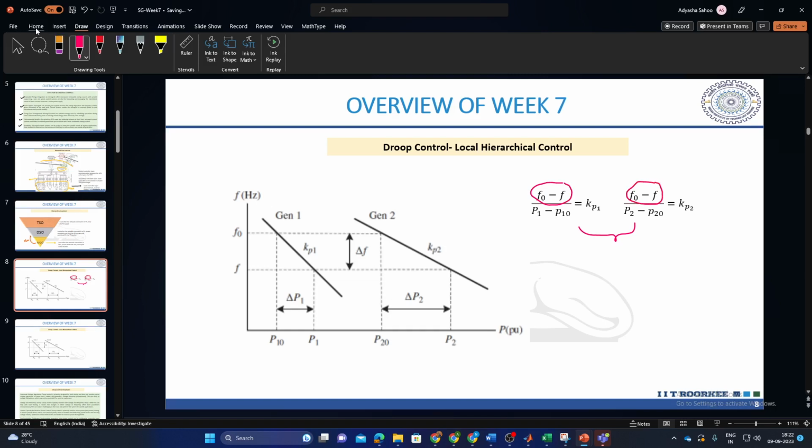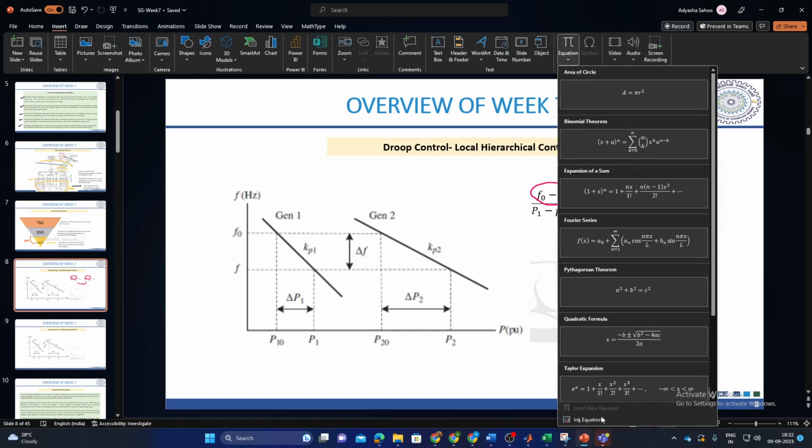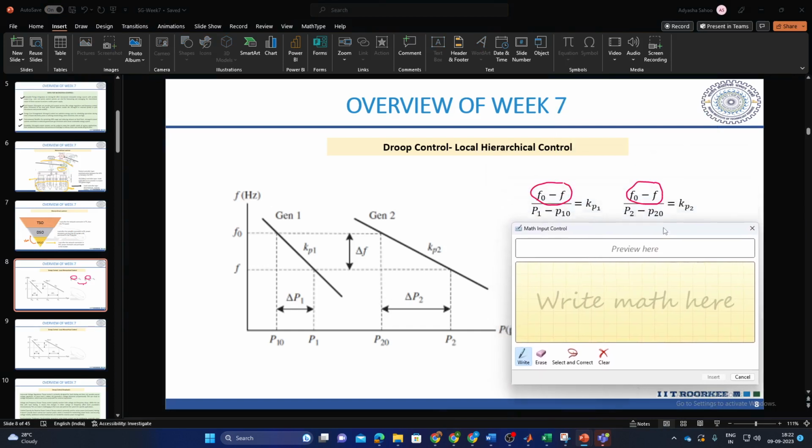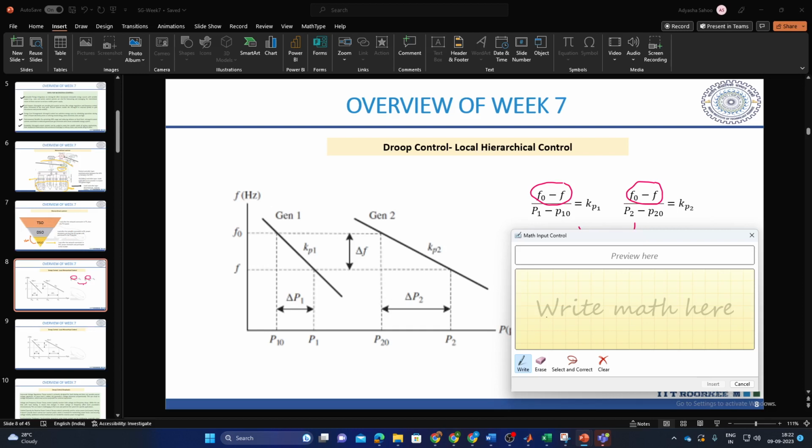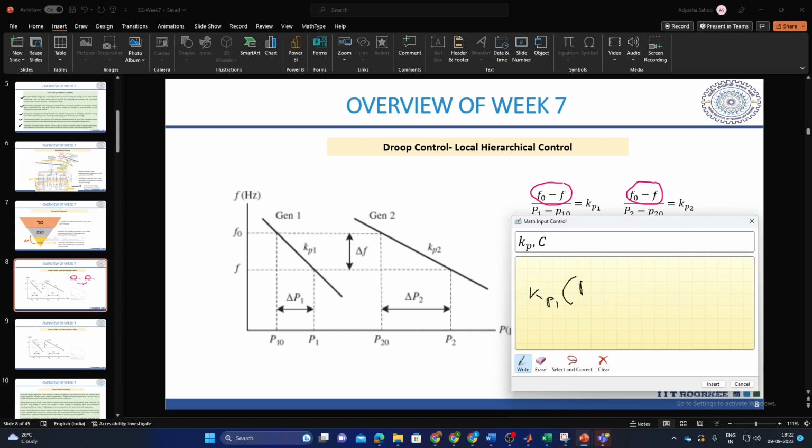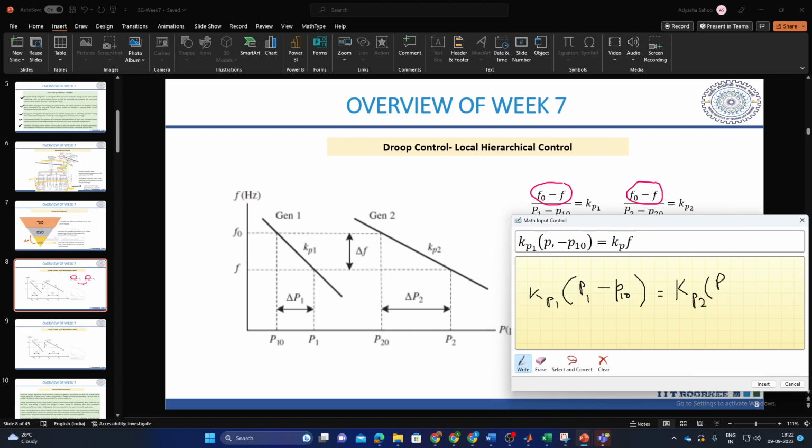So if we equate again here, what will we get? Basically Kp1 times P1 minus P10 is equal to Kp2 times P2 minus P20.